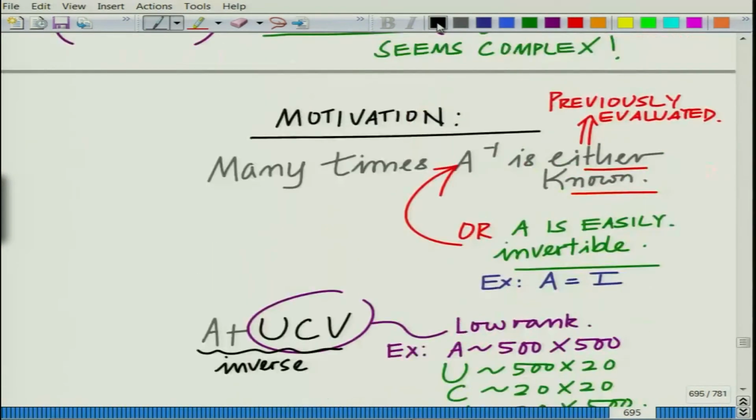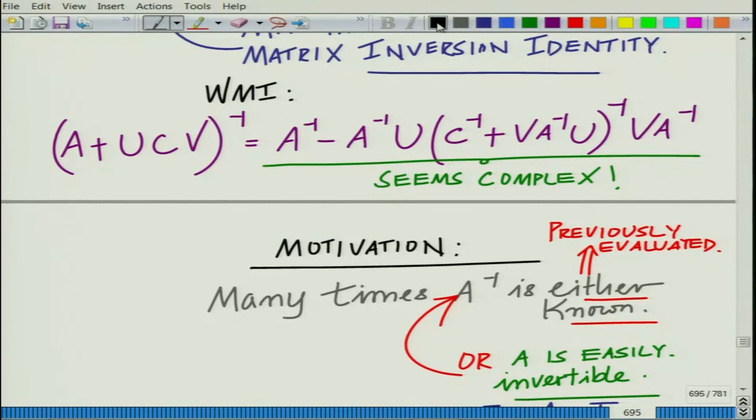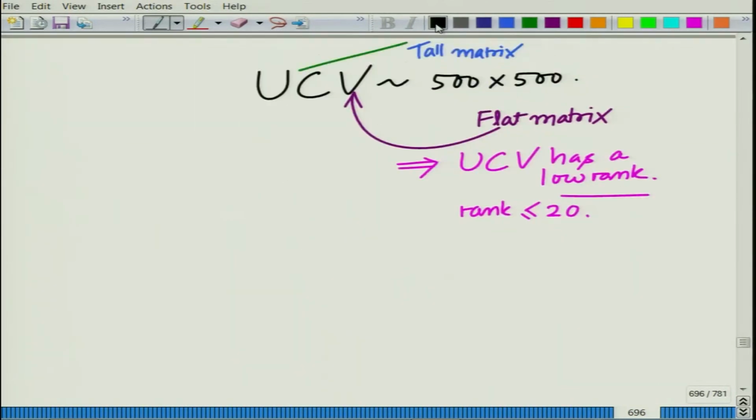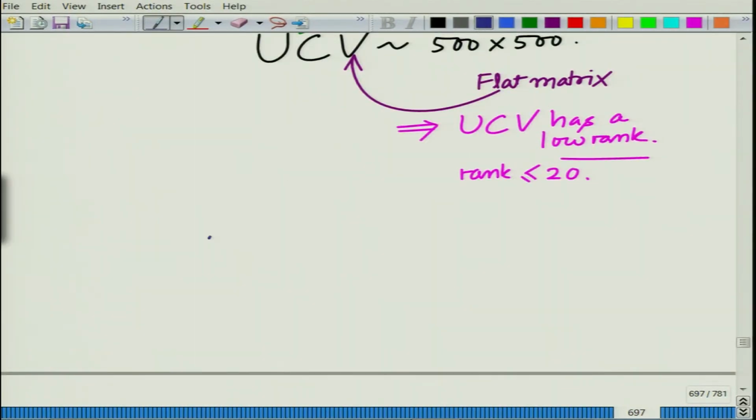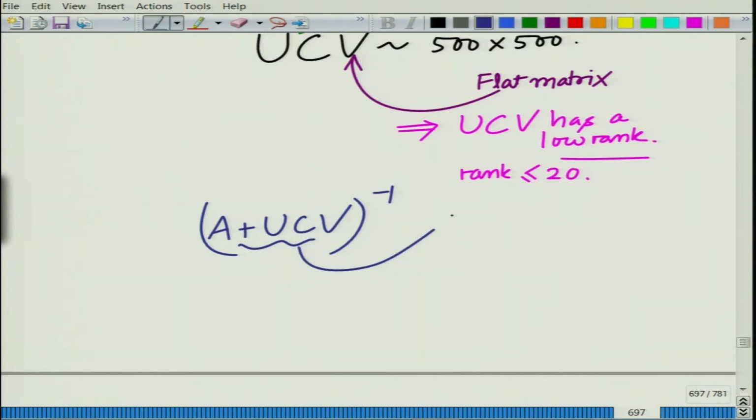Right. Now, in such a scenario, go back to the matrix inversion identity. If I want to compute A plus UCV inverse, this is 500 cross 500, so one has to evaluate the inverse of a 500 cross 500 matrix.